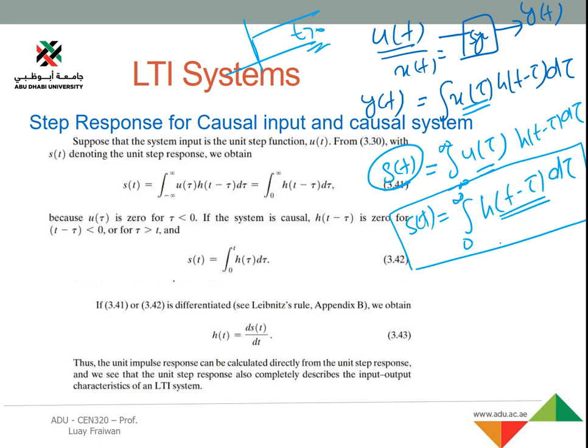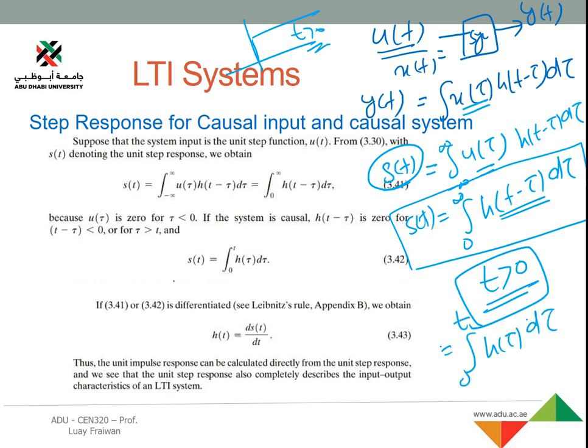And if our system is causal, meaning our system exists only for t greater than 0, then this can be simplified to the integral from 0 to t of h of tau into d tau. So that will be our step response, okay.